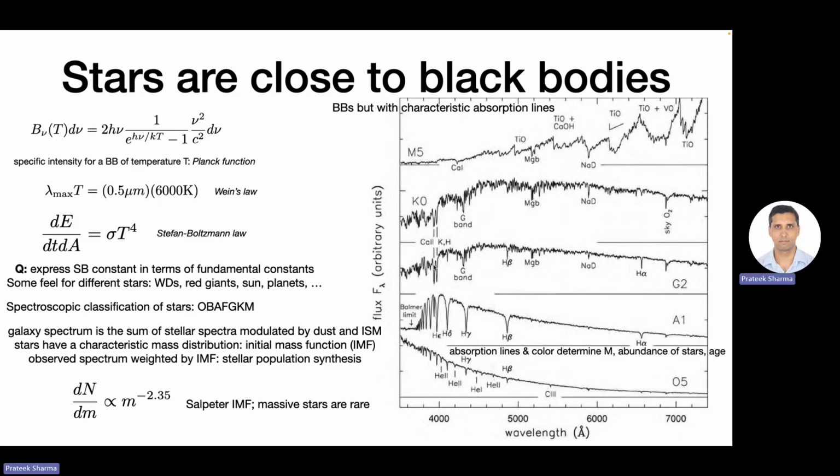And you can actually see those lines identified by Fraunhofer when he saw these dark bands in the spectrum of the sun. This is the sodium D line, one of the Fraunhofer lines. These are the calcium H and K lines, which are also very deep and important lines in the sun, very prominent.